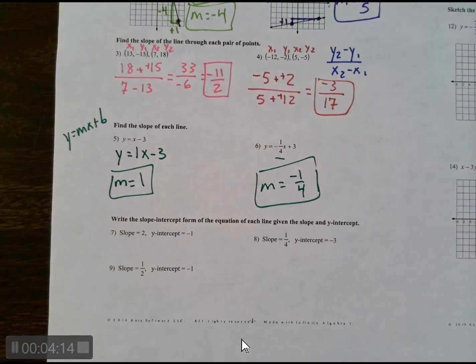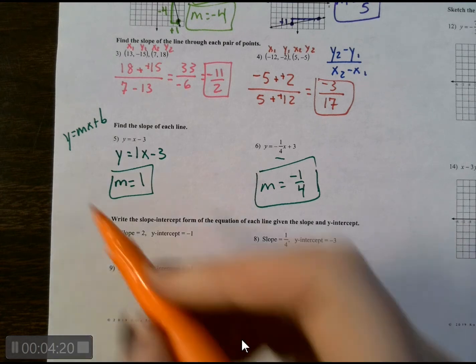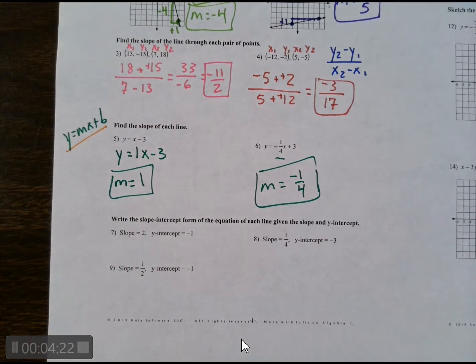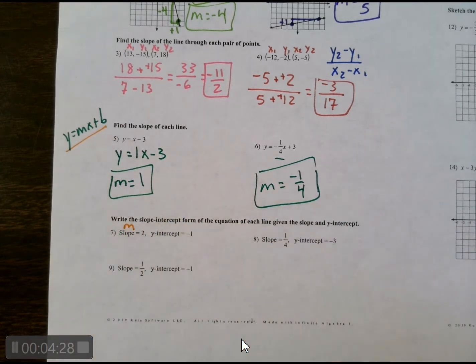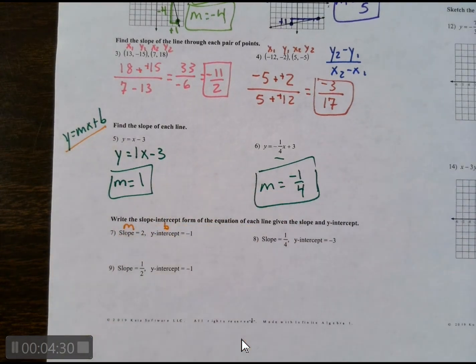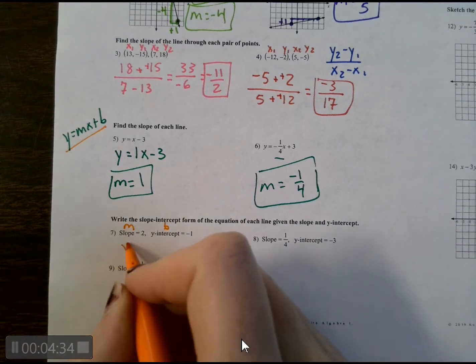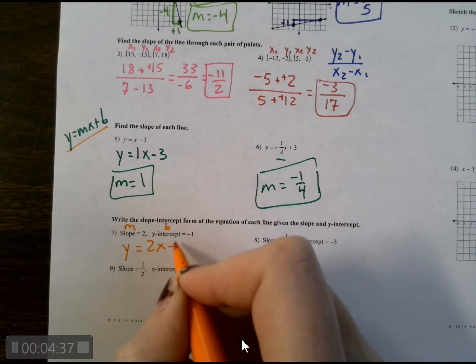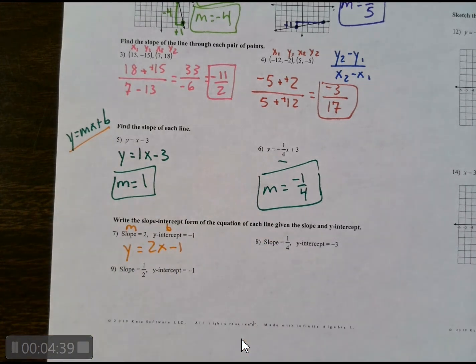So next we need to write the slope-intercept form of each line given our slope and our y-intercept. Okay? So we are still going to be using this equation. And we are just going to substitute the information in. So remember, our slope is our m, and our y-intercept is our b. Okay? So that's literally all that we're doing. So y equals 2x minus 1. Okay?